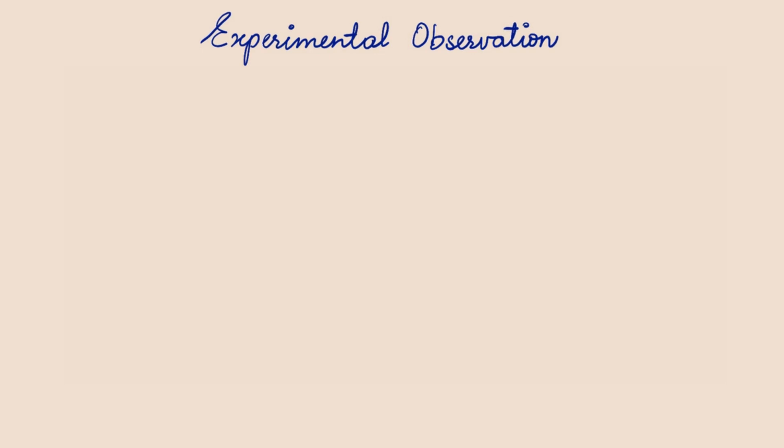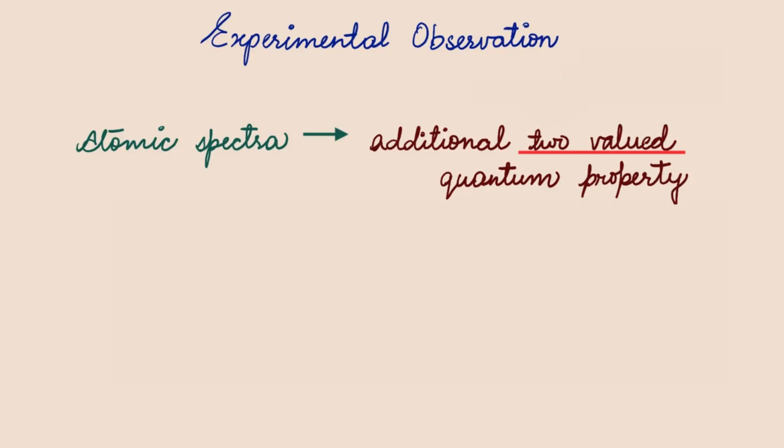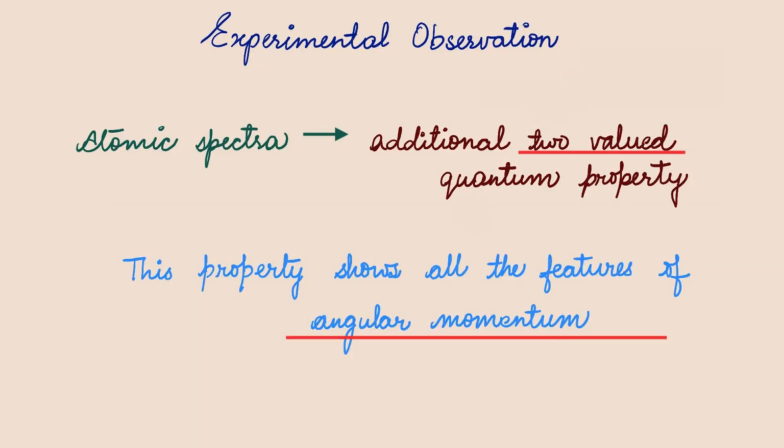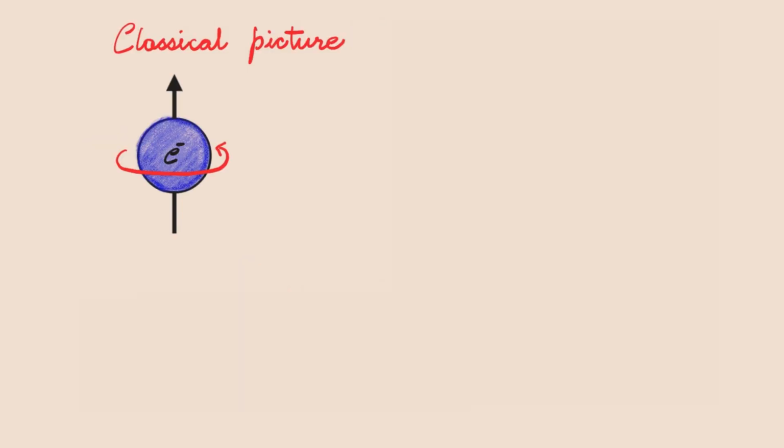The important idea was that the electron appeared to possess an additional quantum property that behaved like angular momentum. This property came to be called spin. Initially, it was natural to imagine this using a familiar picture of a tiny rotating object. But that classical interpretation turned out not to be correct.